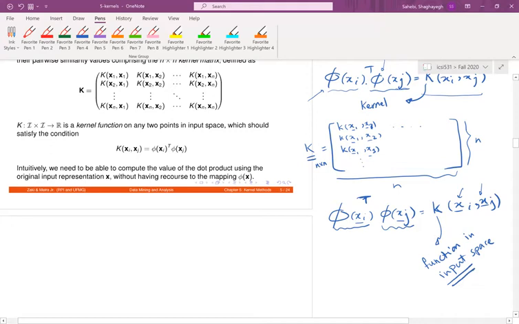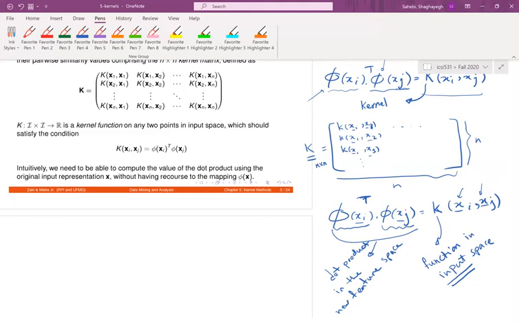It's a function of input space, but the value that it is going to give us, the dot product, is equal to the value of the dot product in the feature space, in the new high dimensional feature space. Okay. So that is the kernel trick that we are going to have. And then we are going to see these kernel properties soon and see what are these functions that can do this for us.